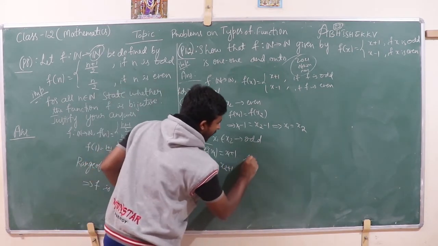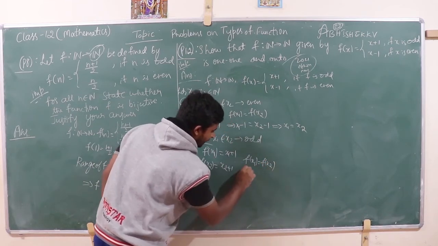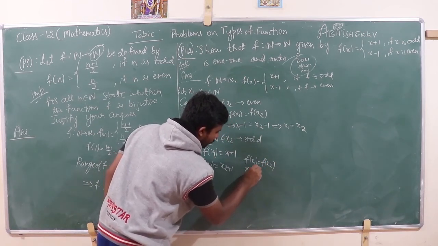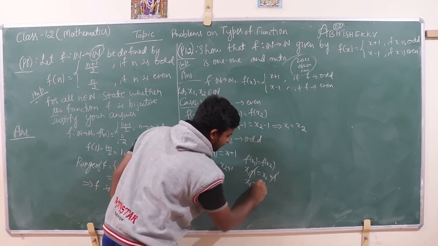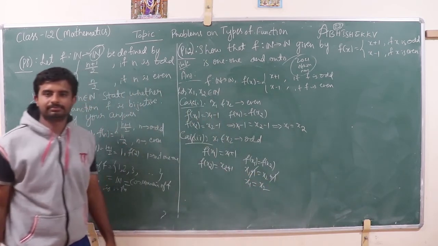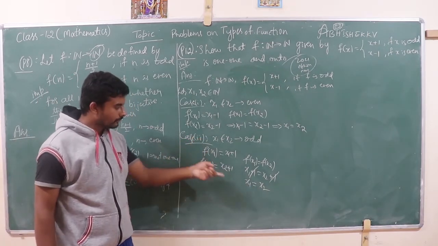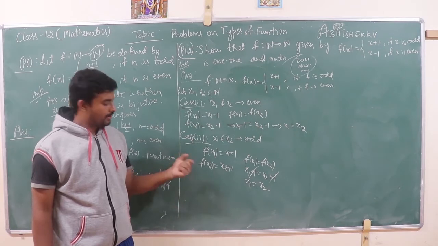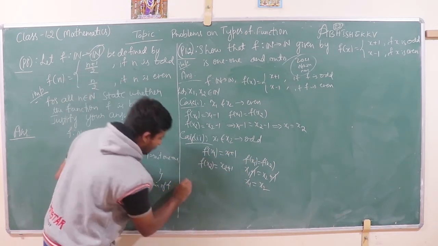Consider f of x1 equal to f of x2, then x1 plus 1 is equal to x2 plus 1. This gets cancelled. x1 is equal to x2. Therefore, in this case also we get f of x1 equal to f of x2 implies x1 equal to x2.